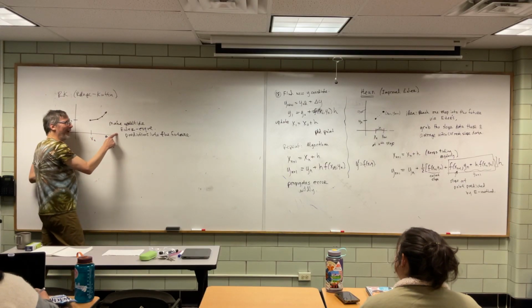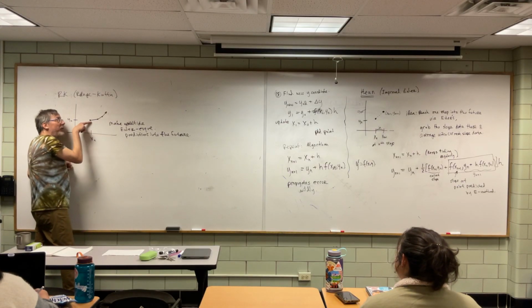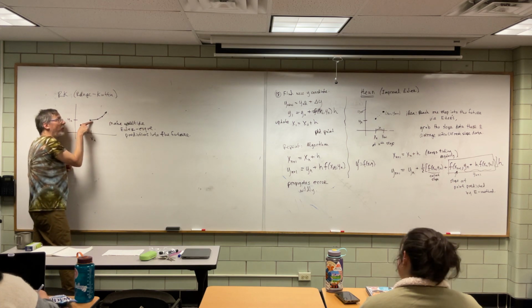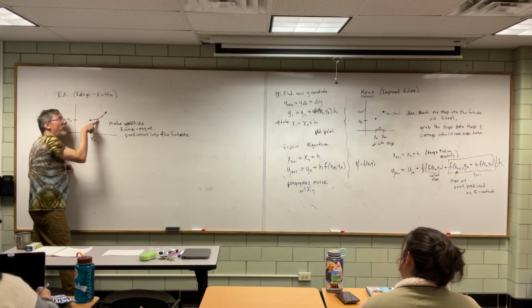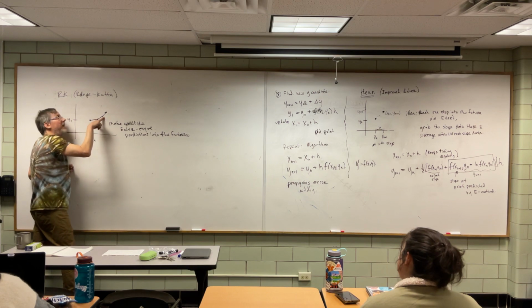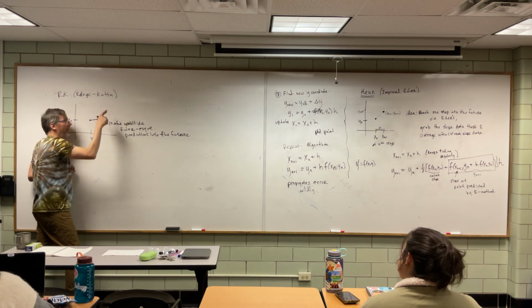So make multiple Euler-esque predictions in the future. And so it's kind of a recursive thing. You use Euler's to go here and then pretend that's your point, make a prediction from there, pretend that's your new point, make it from there.